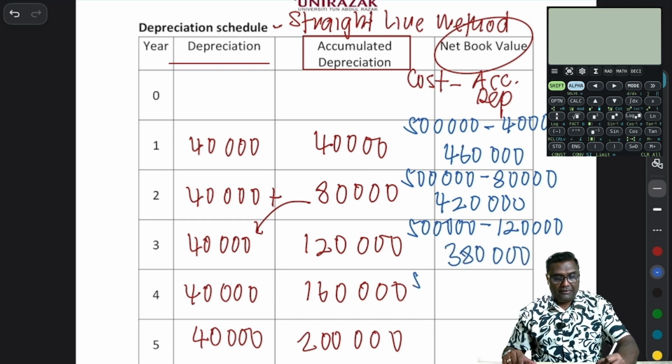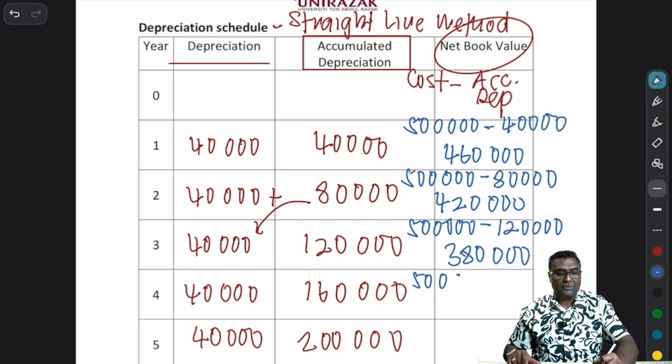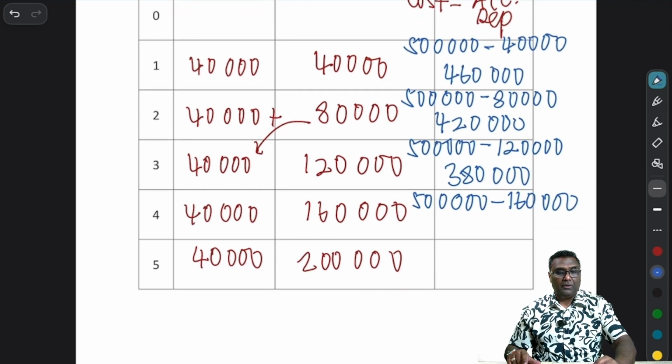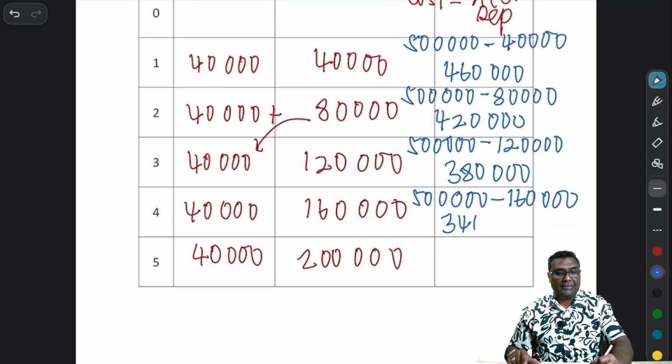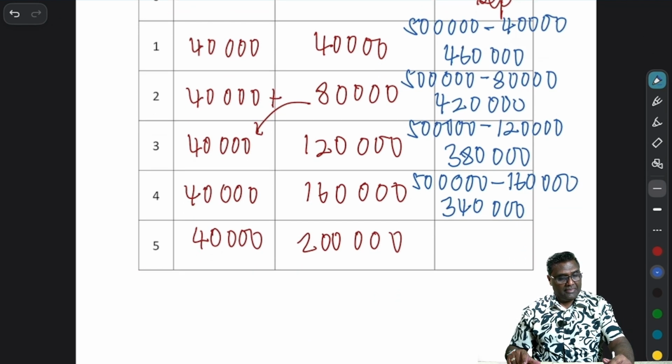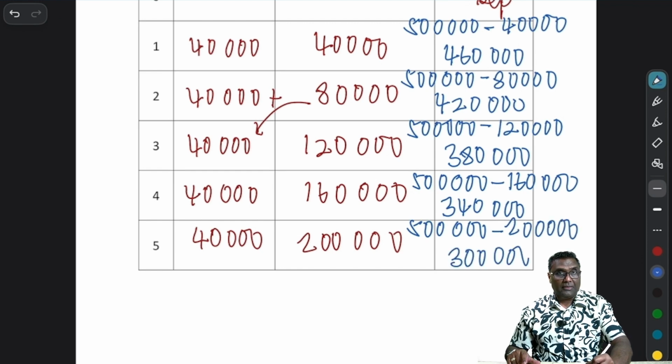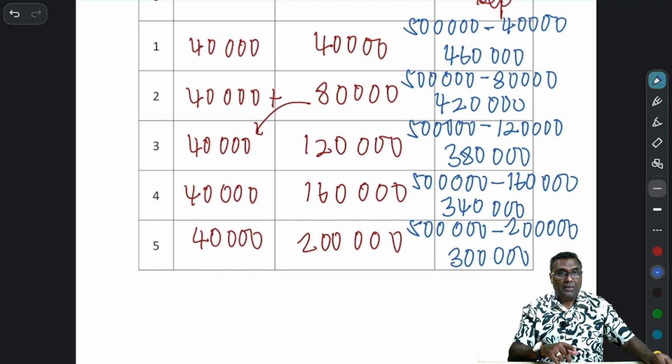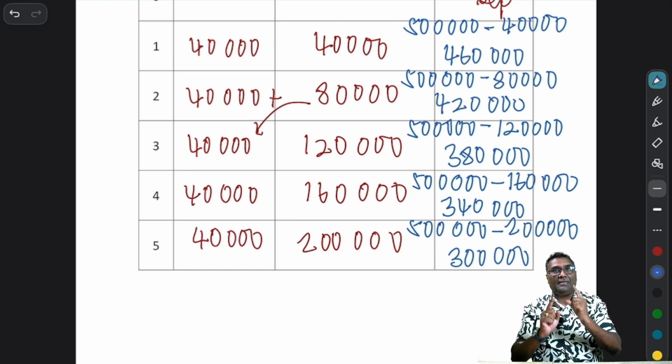Okay, take this, same thing, 500,000 minus accumulated, you got 340,000. Same thing, 500 minus 200,000, you get 300,000. Okay, this is how the calculation for depreciation using the straight line method works. Alright, got that?